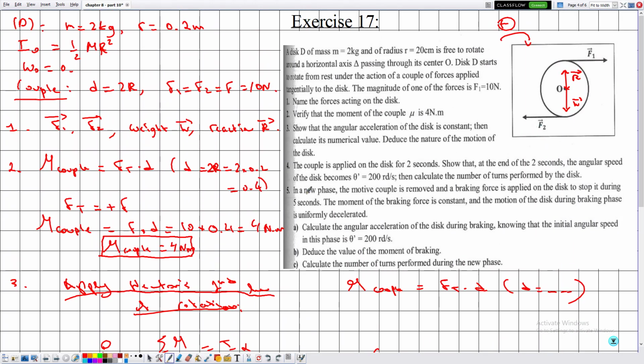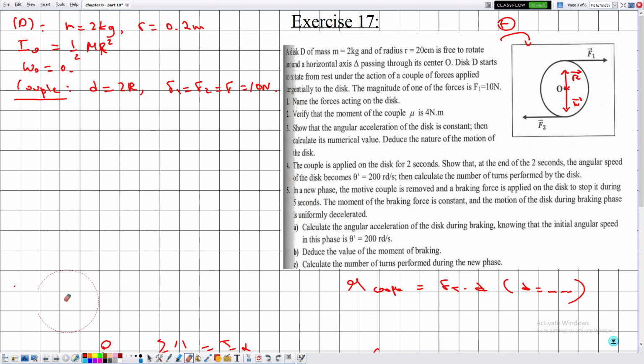Now in number 4, they are telling me the couple is applied on the disk for 2 seconds. So we have the time t. Now, after we have determined that alpha, the angular acceleration of the disk, is given by 100 radians per second square, and it's given by UVCM, we are free to use the following equations: theta is equal to half alpha t square plus omega 0 t plus theta 0.